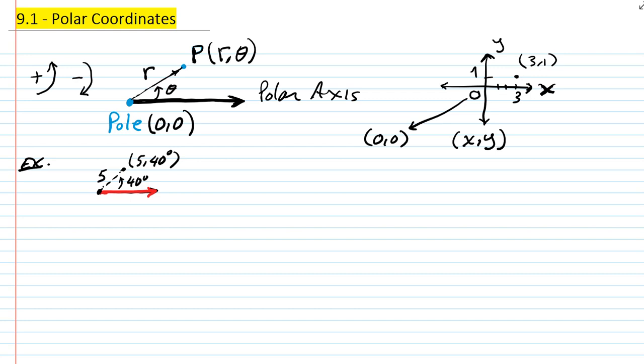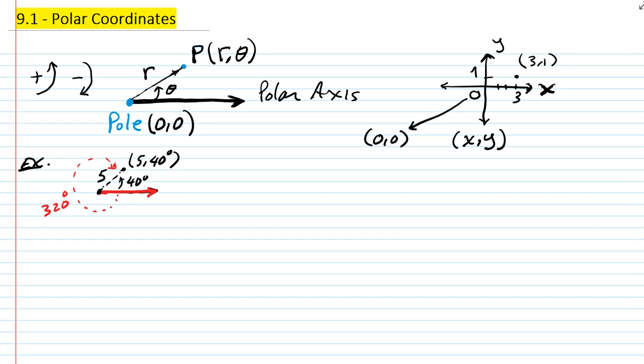Now, if you note here, by the way, this is in a counterclockwise direction right now, but if I choose a clockwise direction to that point, I can also get to the point if I travel in a clockwise direction, correct? In a clockwise direction, I would go 320 degrees, so the total is going to be 360, right, to complete the circle or rotation.